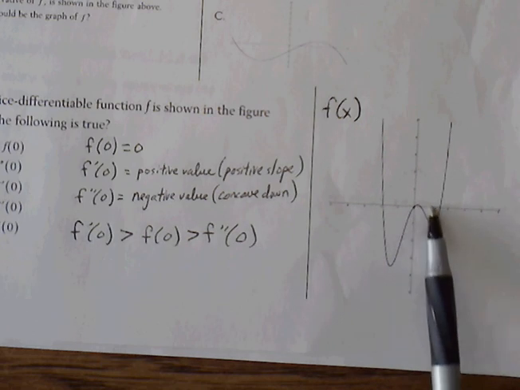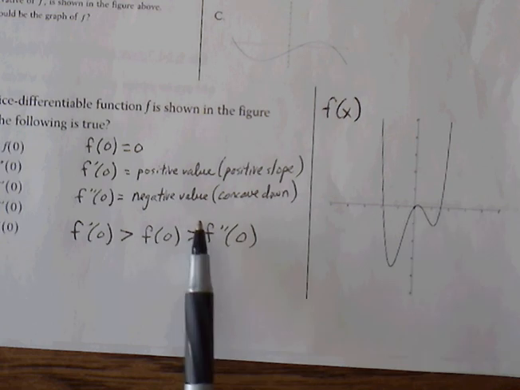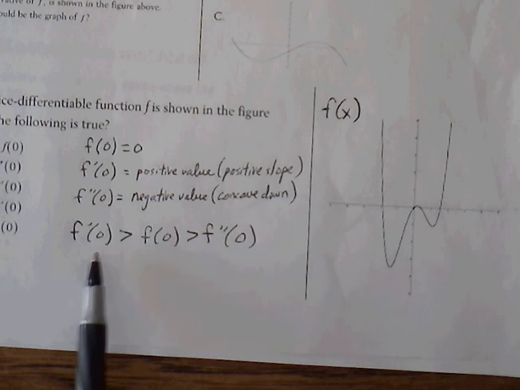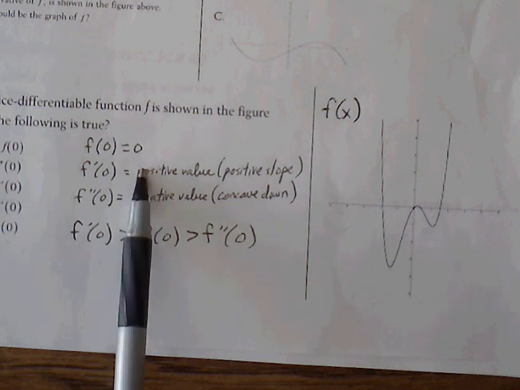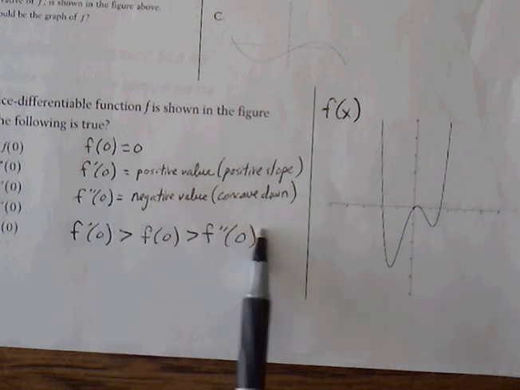So if you look at this portion, at 0, the graph is part of concave down. So we're going to be expecting a negative value for f double prime. So what that means is that we expect f prime of 0 to be the largest value, because that's a positive value, followed by 0, and then followed by the negative value, f double prime. So the answer choice is going to be E.